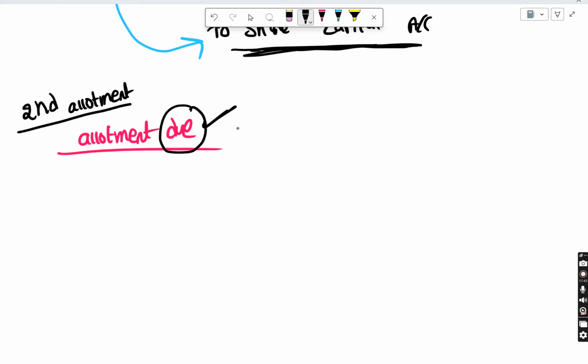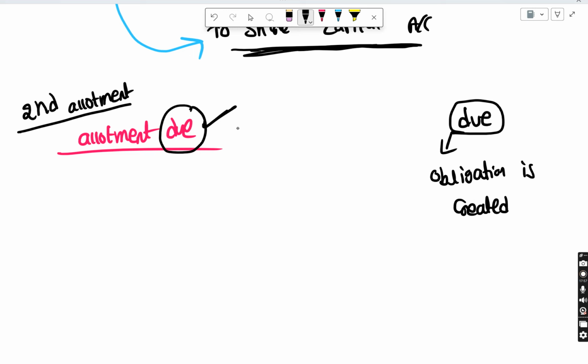This is a due entry. The due means whenever an obligation is created, and another one is payment. What is meant by an obligation being created?